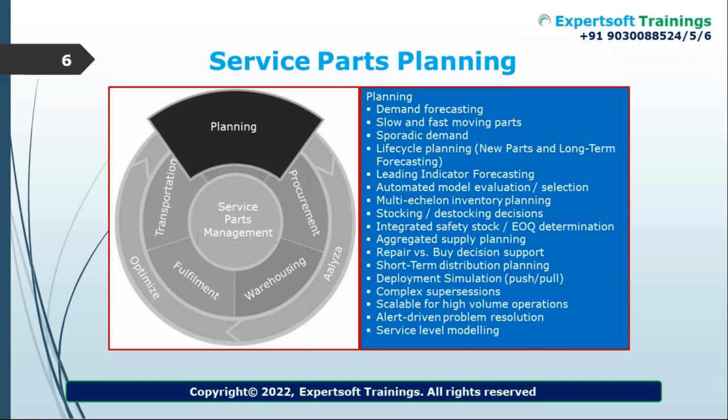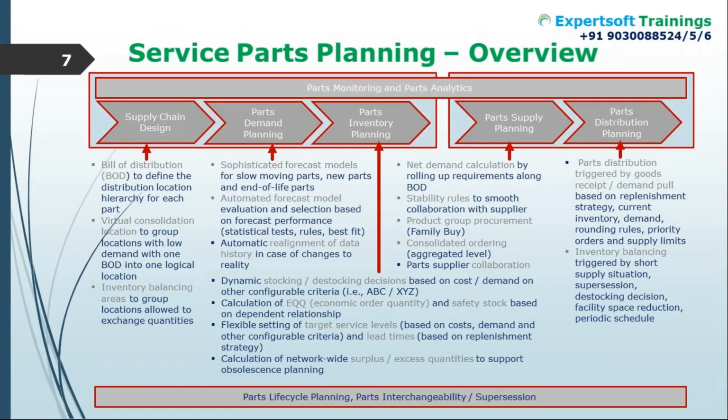You can procure the part from various suppliers and bring it back to the customer. So that's why it is called external planning only. Those things we will see: deployment, of course, complex supersessions, alerts, triggers, everything, during the course of time.